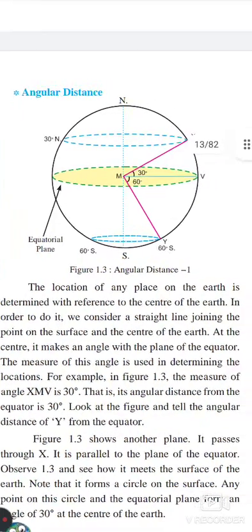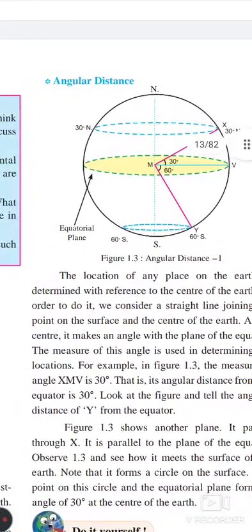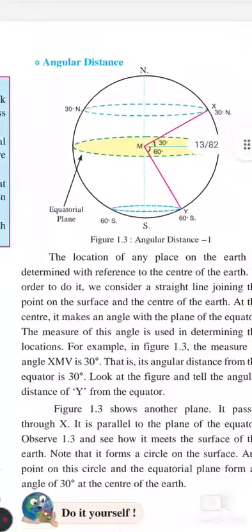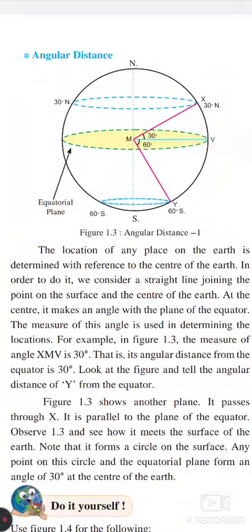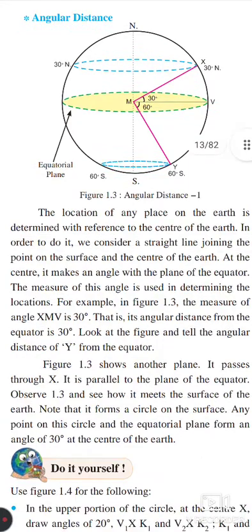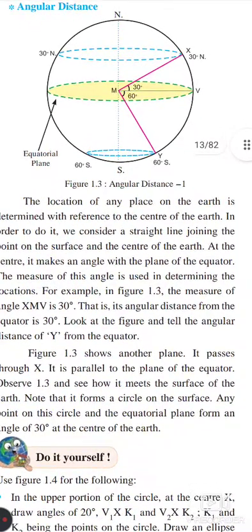That is, its angular distance from the equator is 30 degrees. Look at the figure and tell the angular distance of Y. So the angular distance calculated from the equatorial plane is 60 degrees south.